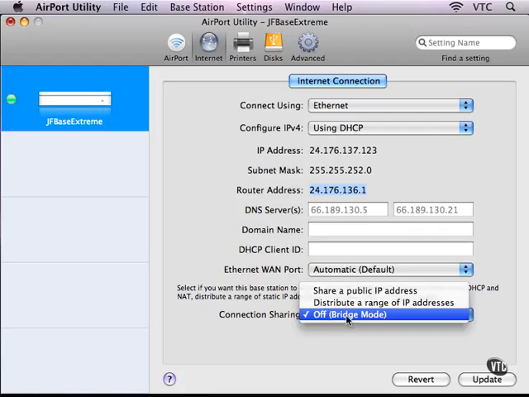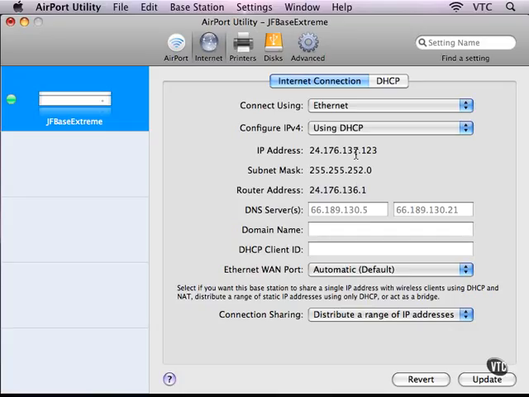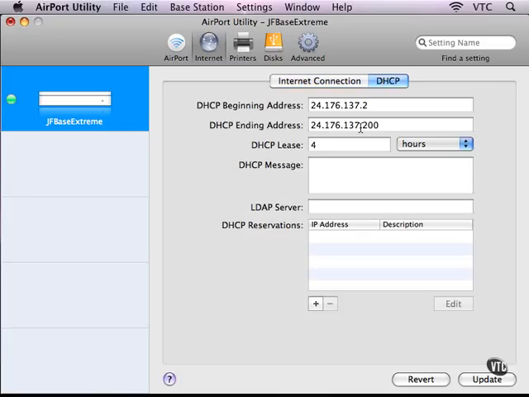I can also set the IP addresses that could be distributed by this particular base station, and they may be in the domain that the internet service provider has given. And you can see here that I can change only the last numbers.